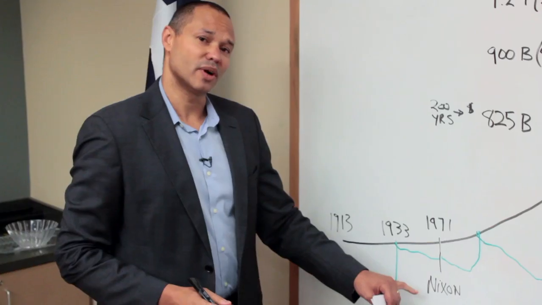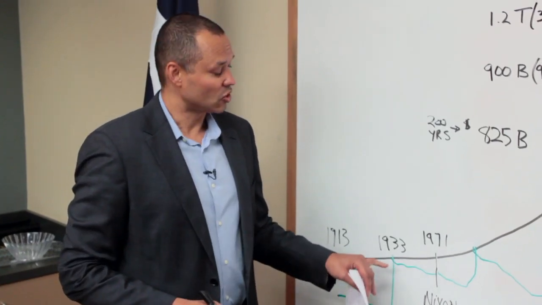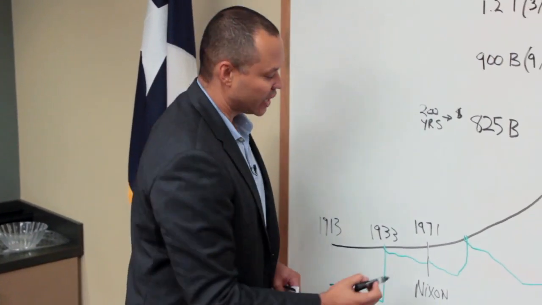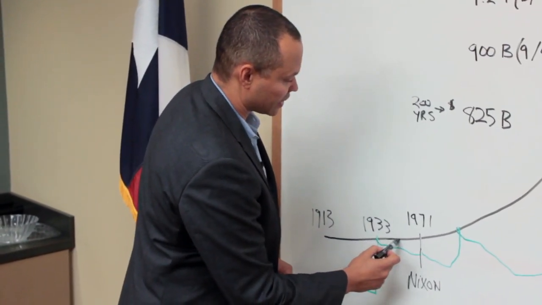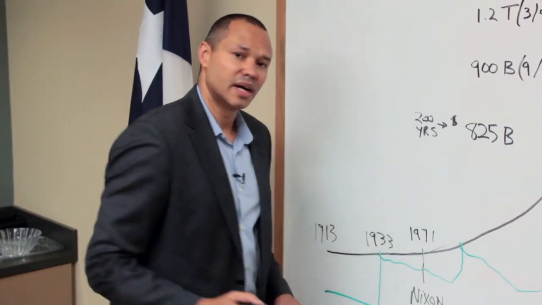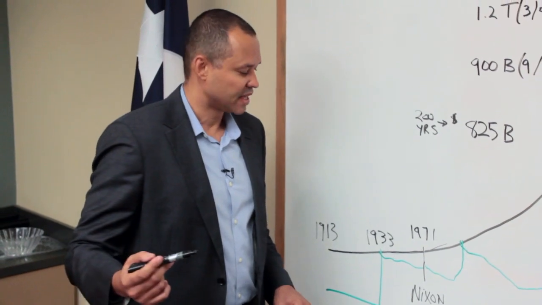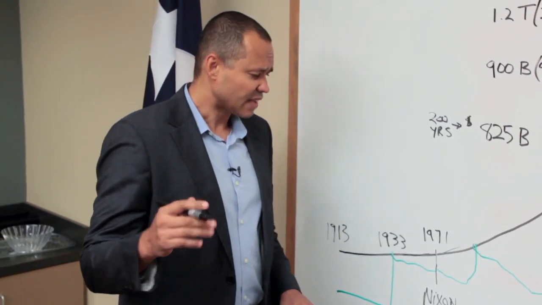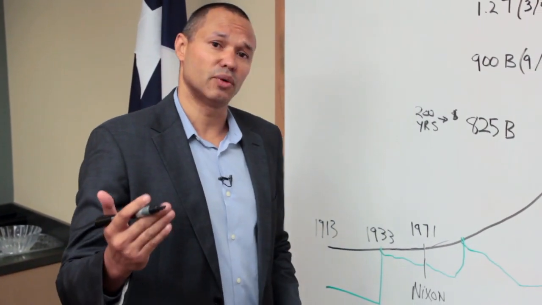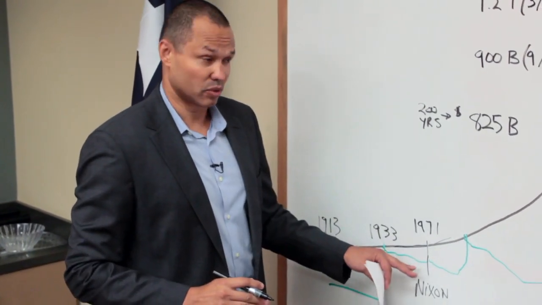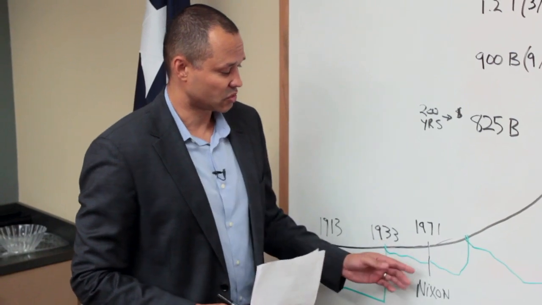And what he did at that point in time is he unpegged the dollar from the gold standard again. And when that happened, you'll start to notice this line is starting to creep up. We're beginning to print money more and more and more. And when we print more money, the value of the dollar starts going down. We don't necessarily see it right here, but we'll see it as we move further in history.